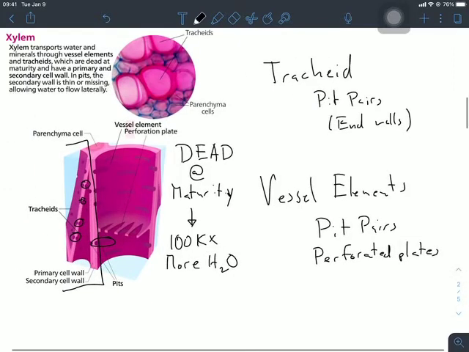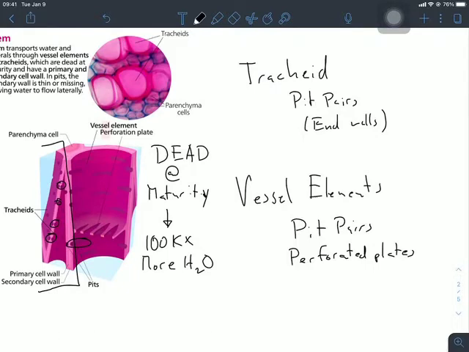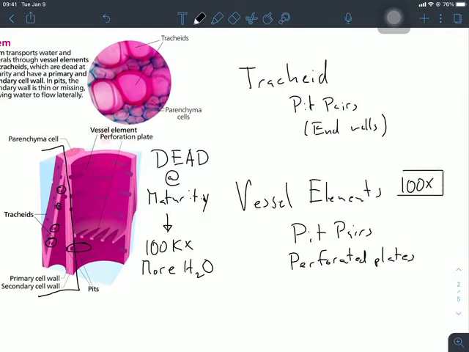The tracheids actually do end in a wall. The fact that there is not an easy way for water to flow from one tracheid to the other than those tiny pit pairs means that there's a lot more water moving through our vessels. In fact, vessels are about 100 times faster in moving the amount of water, specifically because of those perforated plates at the end of the cells, rather than the end walls.